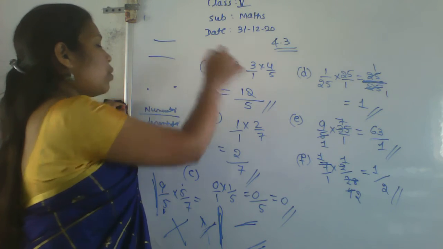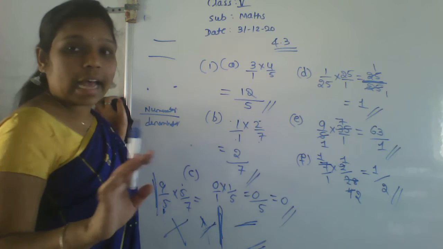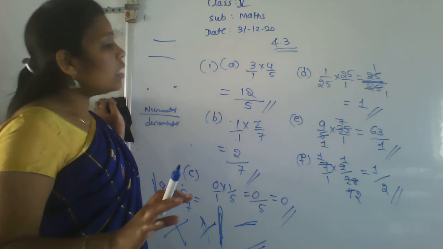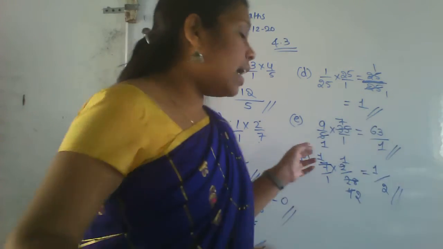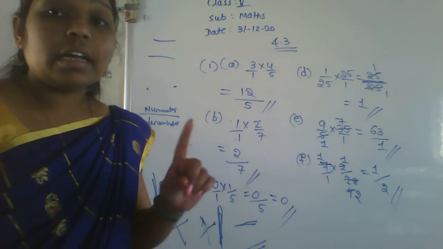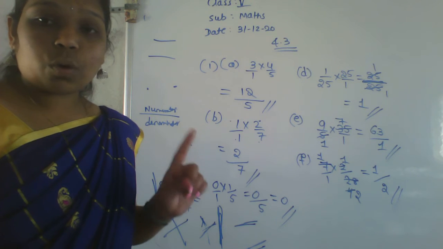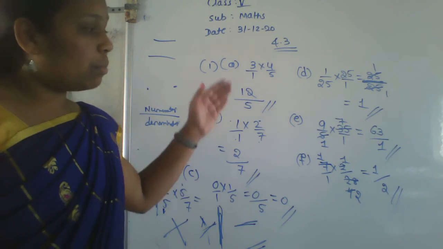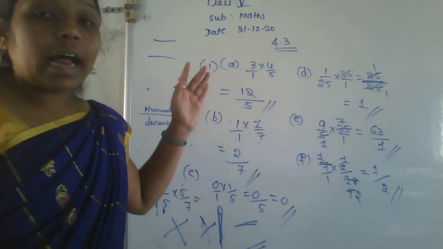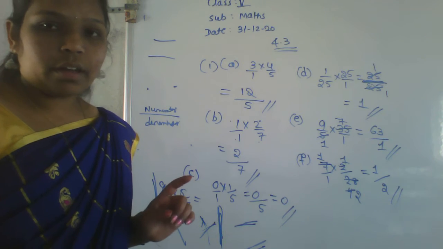Don't cancel horizontally. Horizontally means here 1 and 2, and 1 and 7. Don't cancel like that. If the numerator and denominator values are in the same table, then only we have to cancel. Otherwise don't cancel any values. Just multiply numerator and numerator, denominator and denominator, and write the number. That is the thing.